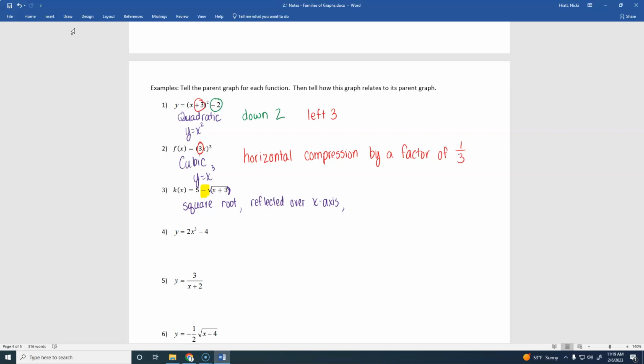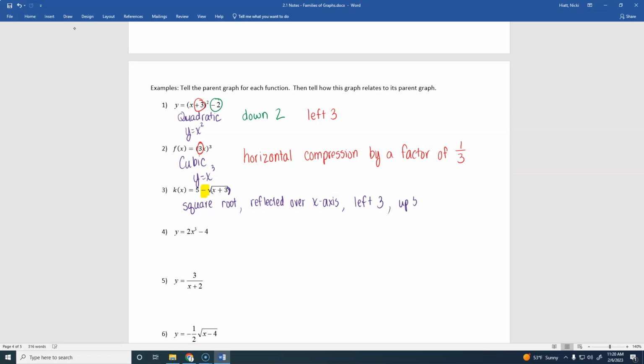So I've got that plus 3 on the inside of the parentheses, which is going to move the graph to the left 3. What's the 5 do? It's not going to shrink or compress. It's going to move it up 5.